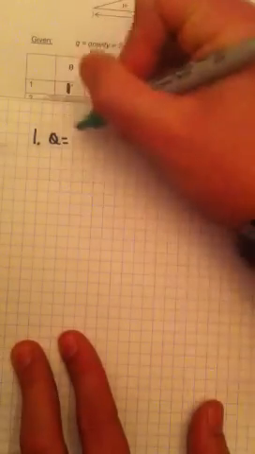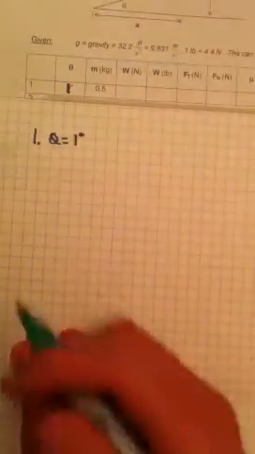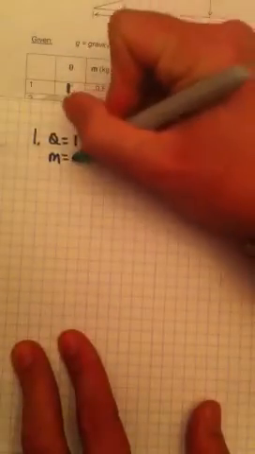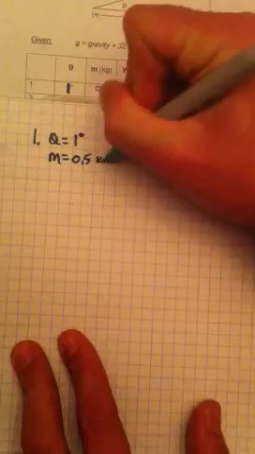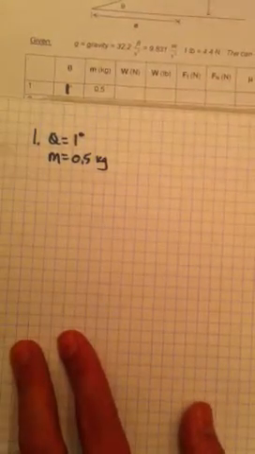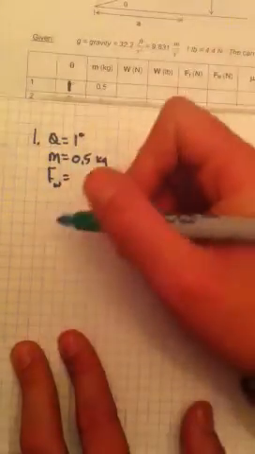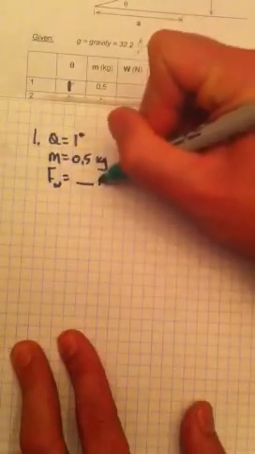So, problem number 1. Given information, we are first given theta equals 1 degree. We are given a mass of 0.5 kilograms. And we want to know the force of weight in newtons.